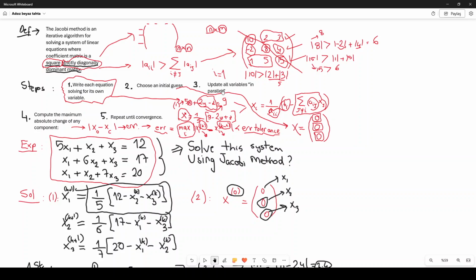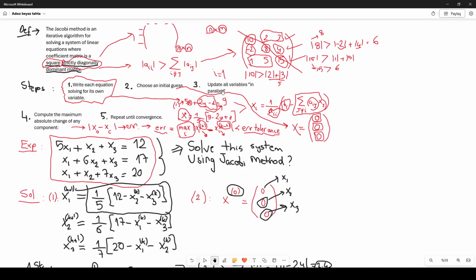For a matrix to be square, it needs to have an equal number of rows and columns, and to be strictly diagonally dominant, we check to see if the absolute value of each main diagonal entry is strictly greater than the sum of the values in the same row.